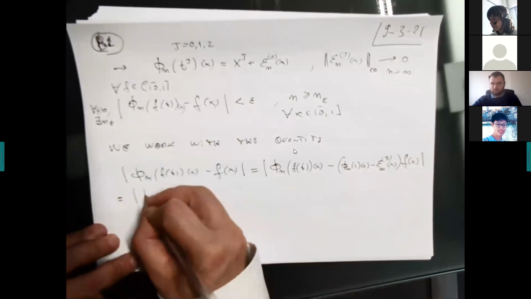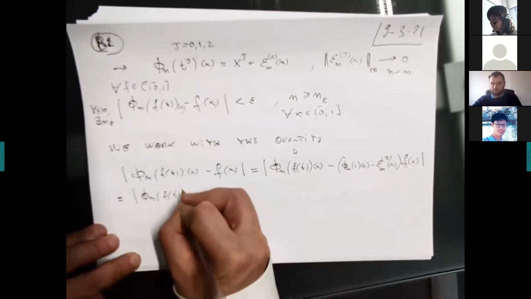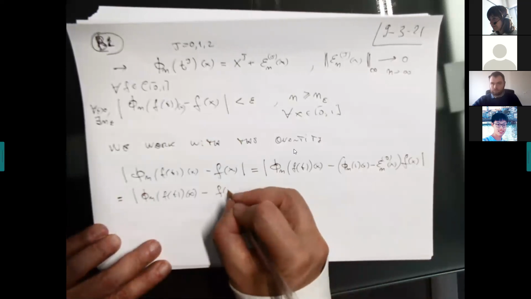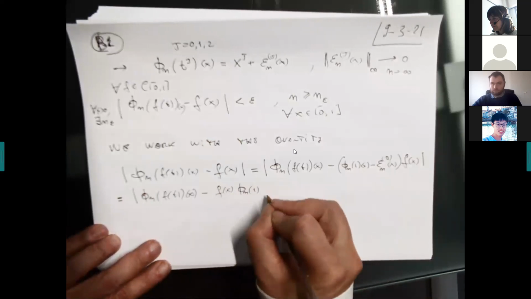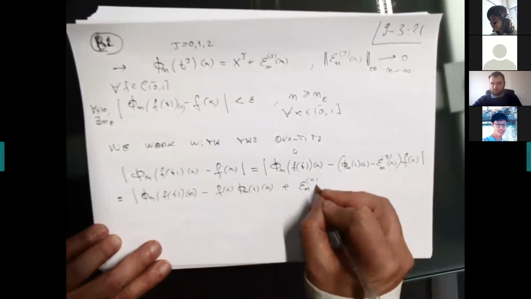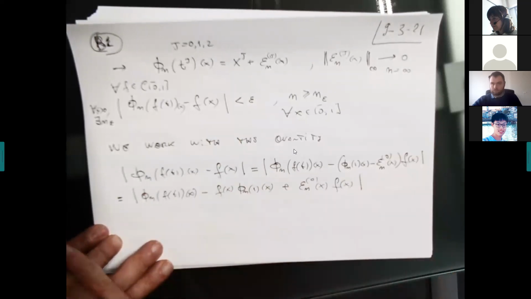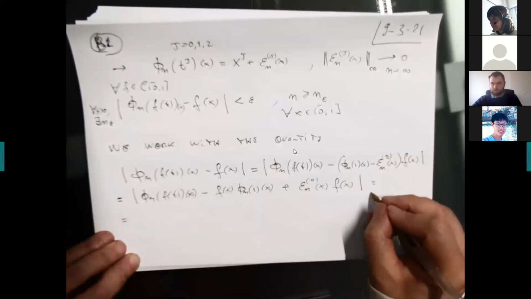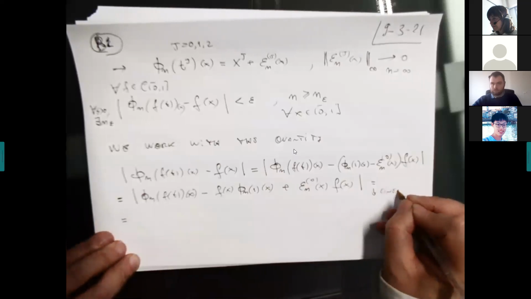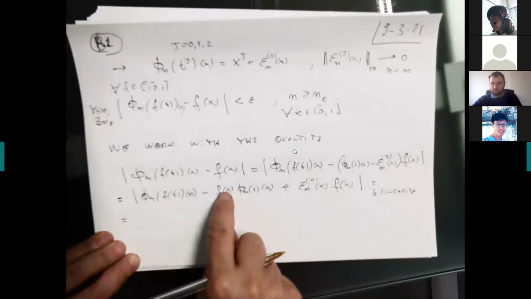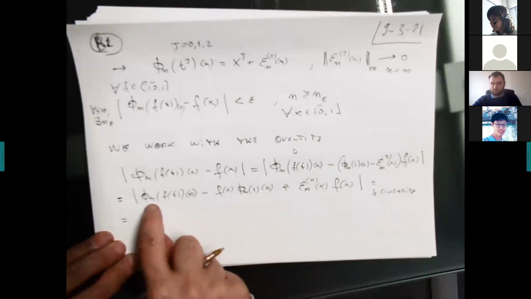Now this is equal to what? Phi n of f of t of x minus f of x for phi n of 1 of x plus epsilon n 0 x times f of x. Now I write this in an interesting way using linearity. This is something outside, I put inside, and then I use linearity.